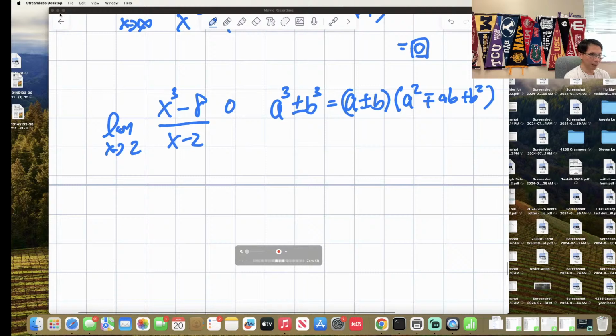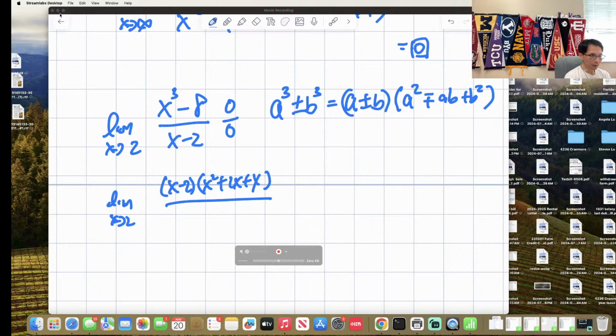So when I plug in and get 0 over 0, I say, okay, that means I have to do math. So the limit as x approaches 2 is x minus 2 times x squared plus 2x plus 4, right, over x minus 2. This cancels. That's going to be 4 plus 4 plus 4, 12, right? I think it's 12.